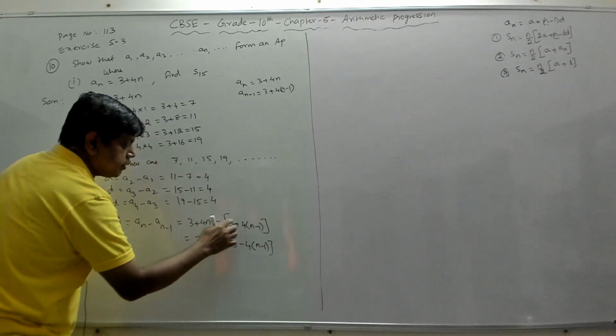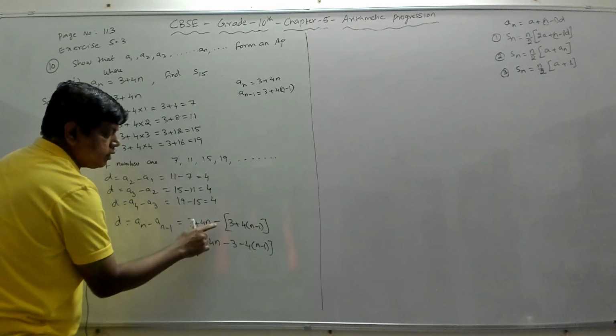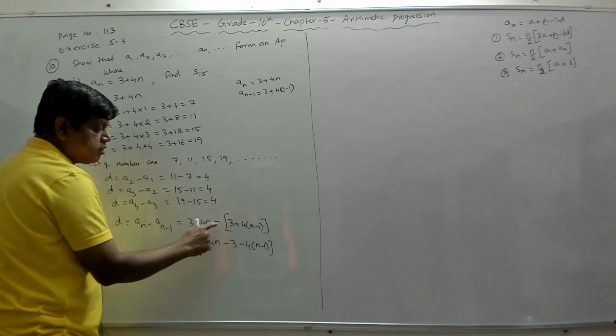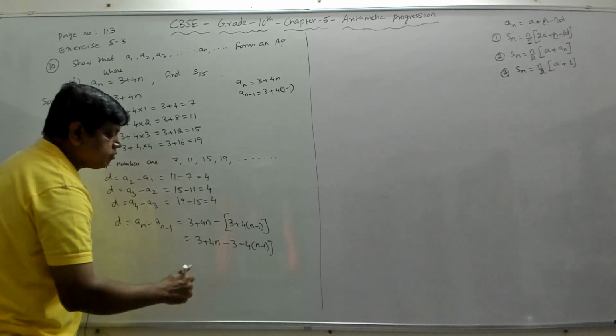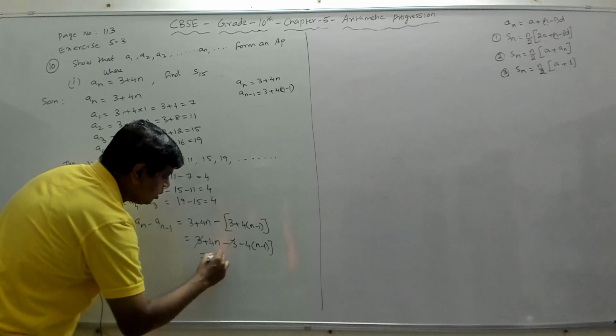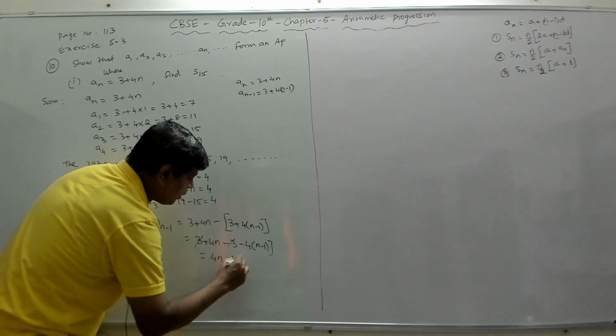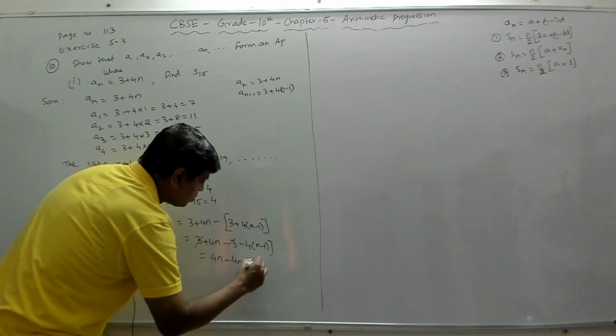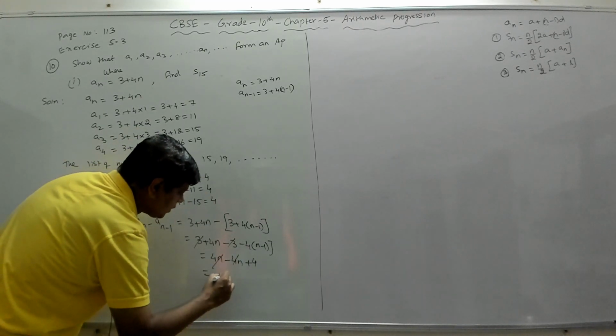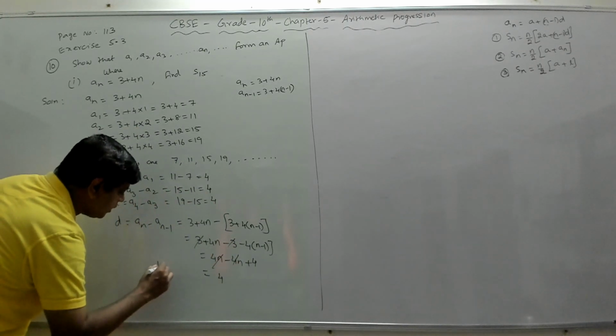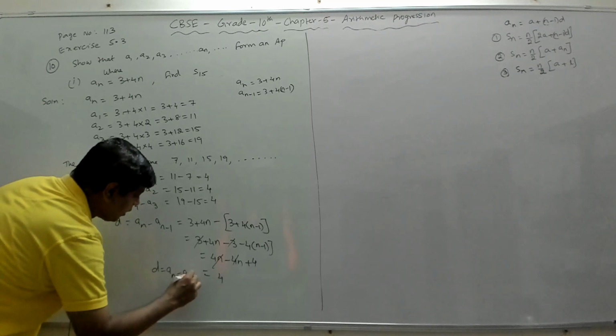And again the bracket here is very important. If you don't put the bracket, then you will take the minus only for this, and you will not take it here, and the entire problem will become wrong. So 3 gets cancelled. You will get 4n minus 4n, and minus 4 into minus 1 is plus 4. These two get cancelled, you get 4. So your general term D, AN minus AN minus 1, is also 4.